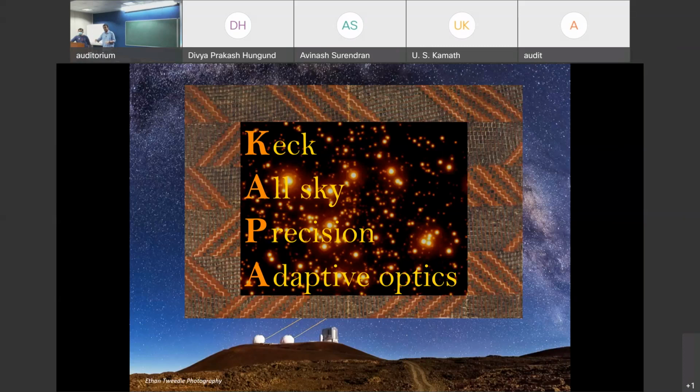Then the next one, if you have a little bit of field of view or want to get a better Strehl than single LGS, you would use KAPA. And then for cases where KAPA cannot be used, let's say close to 60 degrees zenith angle, where I think there are issues, we'll use a single laser.